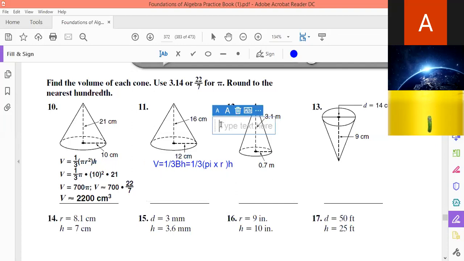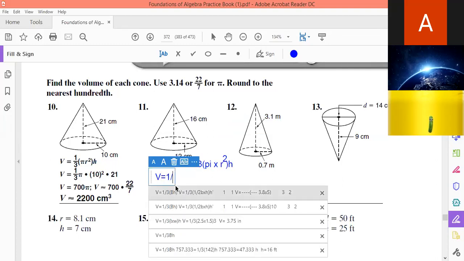Let me put the square here. This is pi times r square. Then V equals, right here, 1/3 into pi. What is the value of pi? 3.14.